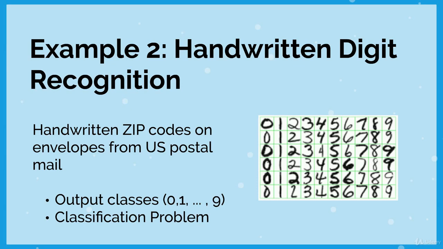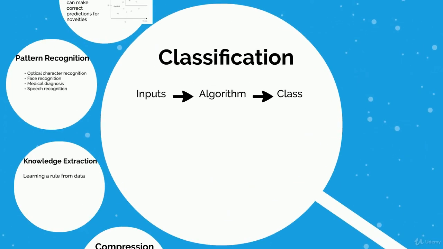So let's talk a little bit more about what classification algorithms entail. In classification, you have your inputs, you have your algorithm, and then your output is going to be a class. A lot of these algorithms are going to be defined by the type of output that they produce.